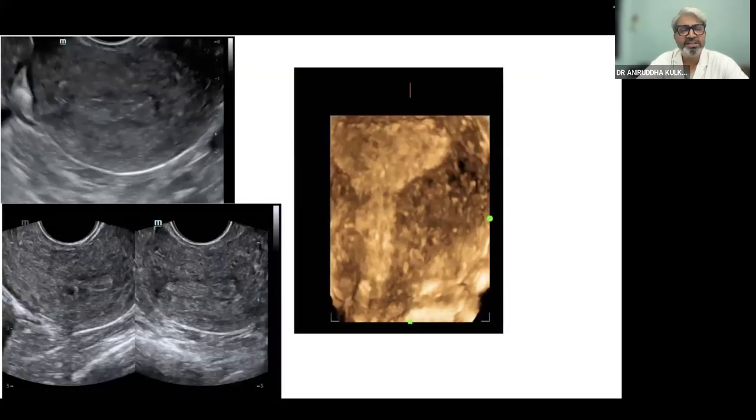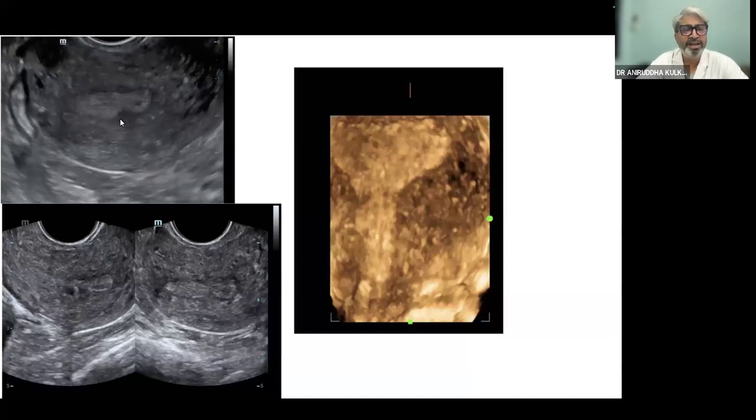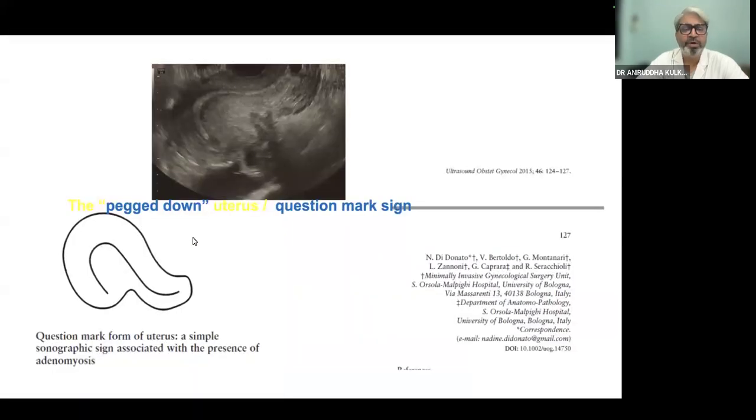Now, on many instances, you will find that there is an inhomogeneous endomyometrial junction zone, which could be interrupted, as in this case, because of uterine adhesions. One more sign which was described in literature is called the peg down sign or question mark sign, which is typically seen in the case of an anteverted uterus which is retroflexed.